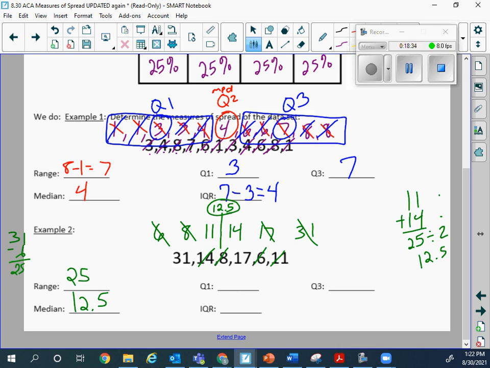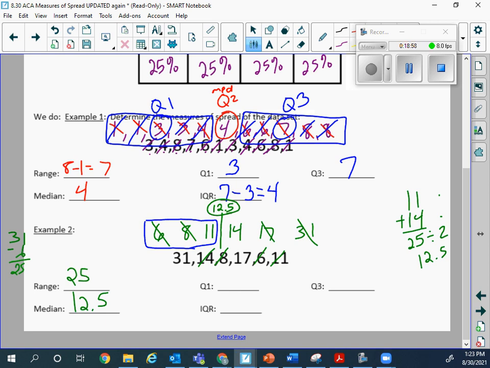Now, to do Q1, I'm going to come to the lower half of the data. So that includes 6, 8, anything else? And 11. It is not crossed out, and it's also not circled, because I had to use it to find the median.